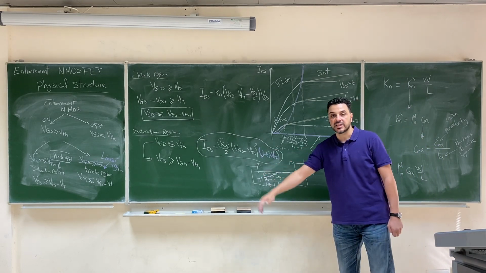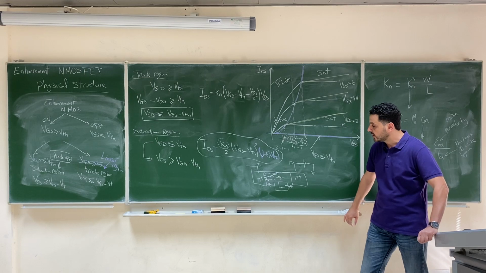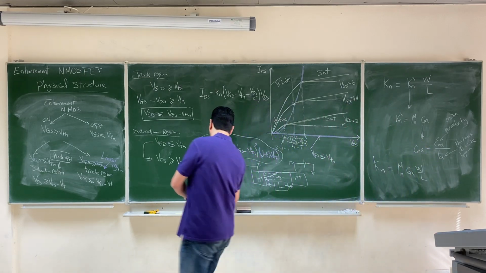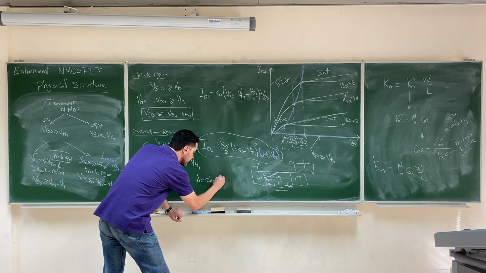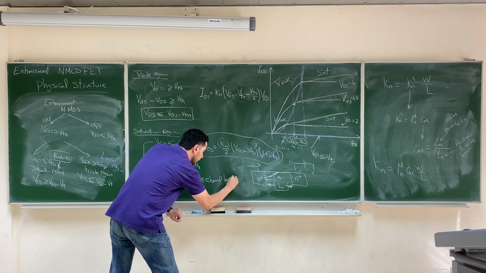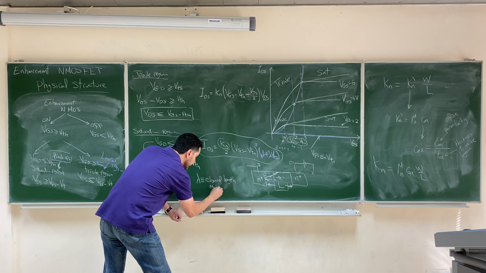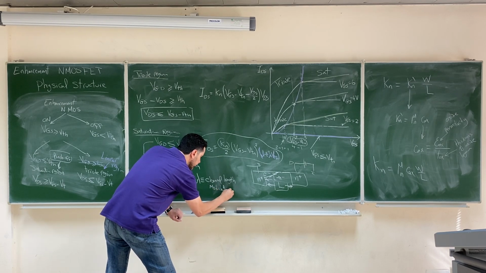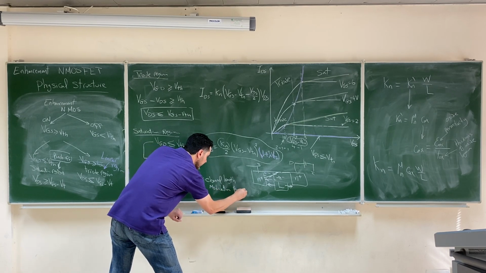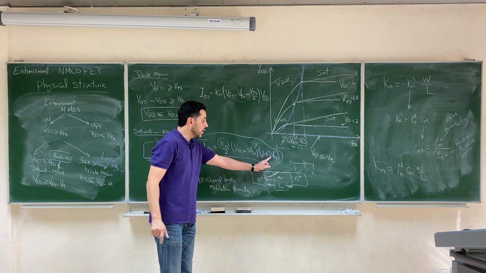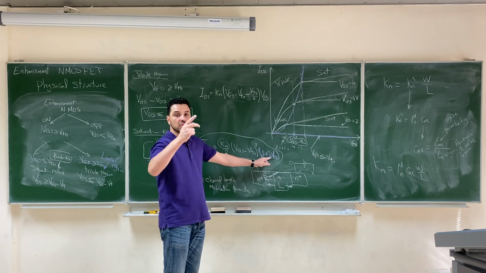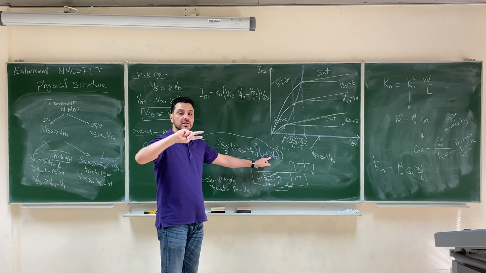If I gave you lambda, the channel length modulation parameter, usually it's very small, because it's opposite to the early voltage.